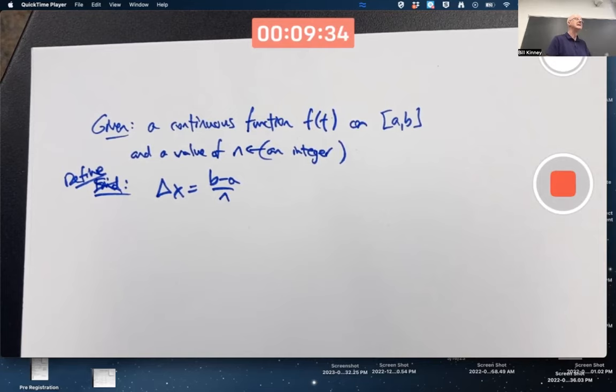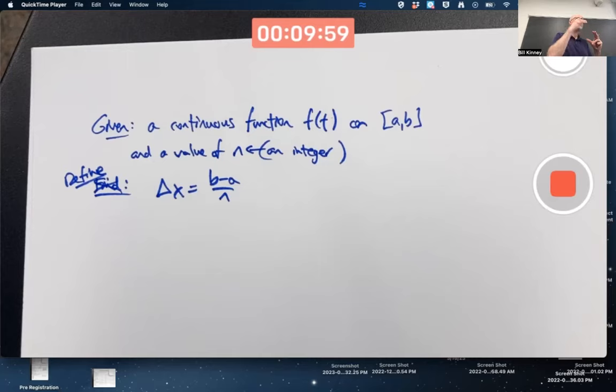Our main goal is to find the area under the curve if the curve is above the axis. If the curve is below the axis, you actually want to find the area above the curve, though you find it as a negative area, a signed area, S-I-G-N-E-D, signed, plus or minus.